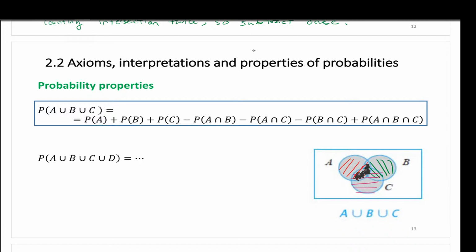And I subtract B intersect C, which is here. So I've actually subtracted that very middle 3 times, so it's not there anymore. So I have to re-add the middle right here. So it gets added back in.